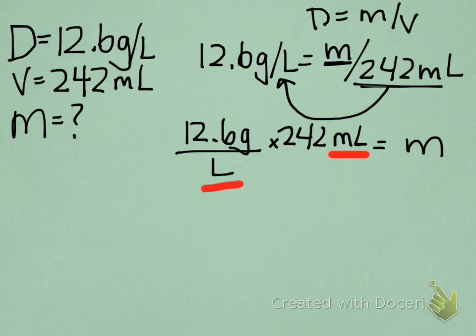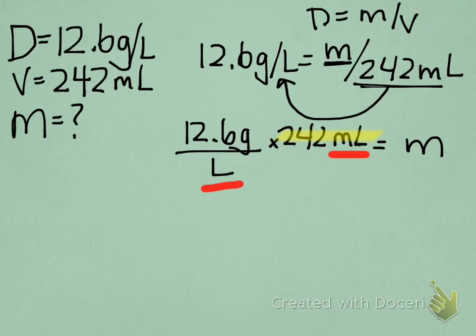So what do we have to do? We're going to have to use that metric conversion that you've already done. You're going to have to do that to make these units the same. Now, when you are converting units, convert the one that is a single unit. So see how this is just milliliters?